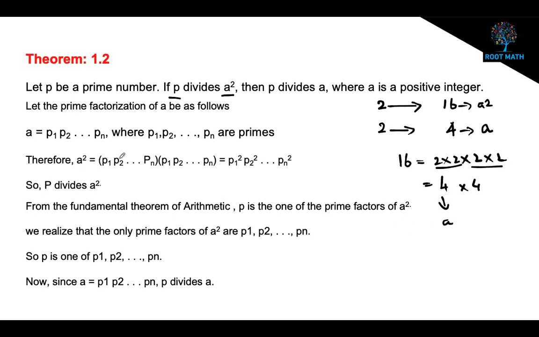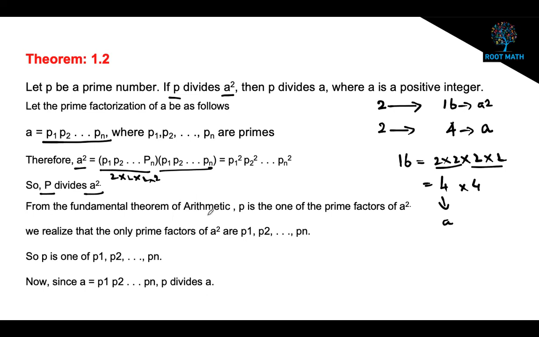Here it is shown how the factors have been written, as I have written 2 times 2 times 2. Here the factors of 16 have been shown to you, and 16 is equal to 4 times 4, otherwise 2 times 2 times 2 times 2. Like that, all the prime factors have been shown. And P divides A squared. As I said, if 2 divides 16, then the fundamental theorem of arithmetic.